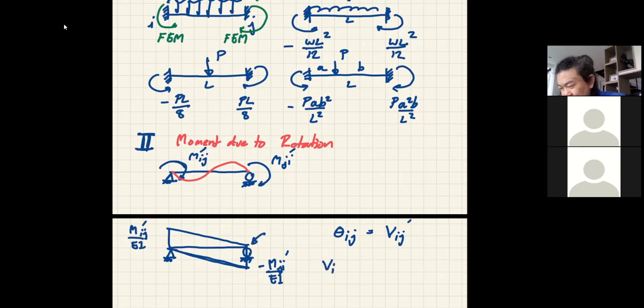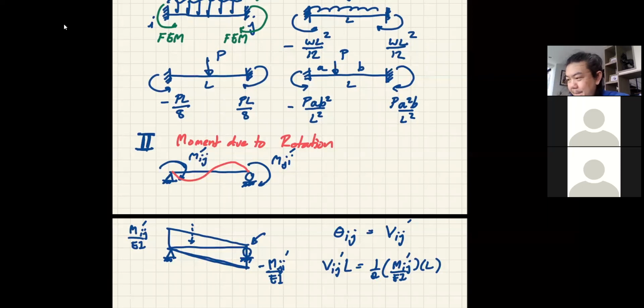So I now have the Vij prime multiplied by L. It's going to be equal to the multiplication of this area on top, which is equal to a half of Mij prime over EI multiplied by the length. So that's the entire force here, right? That's one. And then multiply by 2/3, which is the moment arm.